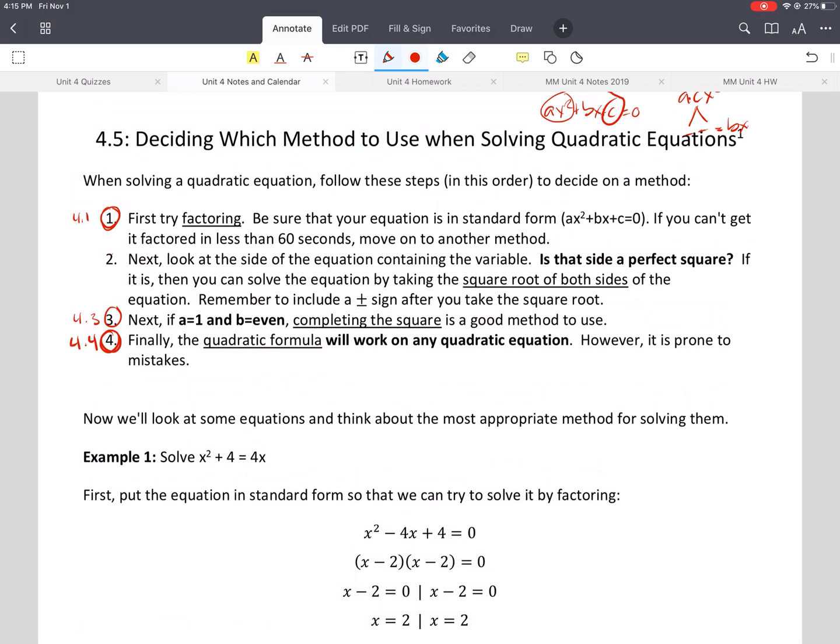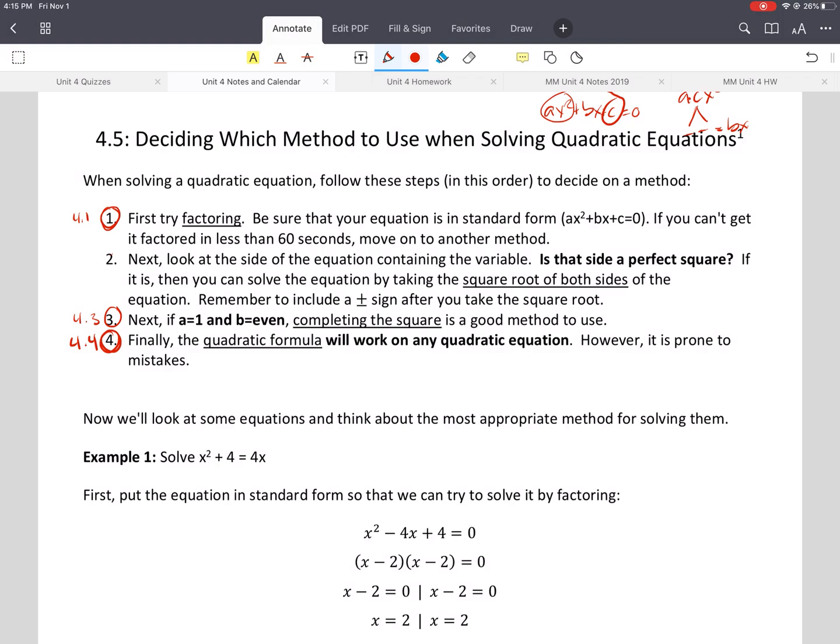But most of the time, perfect square equations are part of completing the square, and we'll do an example of that as well. Because when we complete the square, we basically force our equation to be a perfect square equation. And that is 4.3.